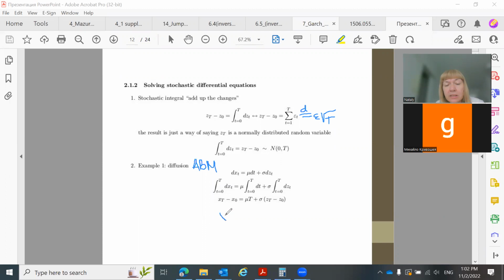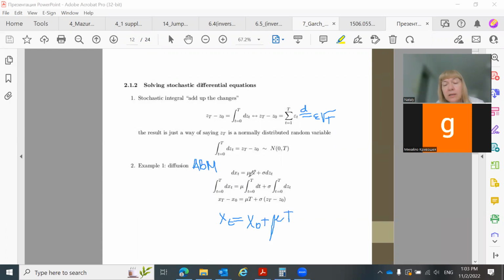So the solution x_T equals x_0 plus mu t. Why mu t?